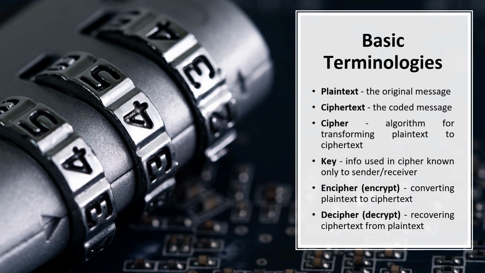What are the basic terminologies? Number one, plain text. Plain text refers to the original message that I send, and ciphertext is the result I get after applying my encryption algorithm. It will be a scrambled message, unreadable by anyone who breaches the security. Then cipher. Cipher is the algorithm for transforming the plain text to ciphertext. Then the key.